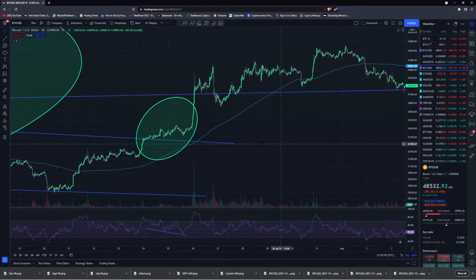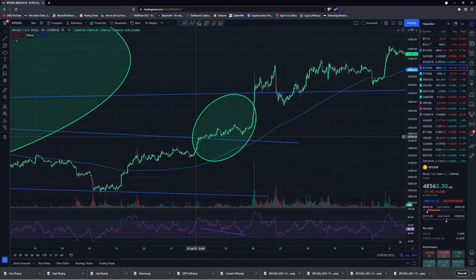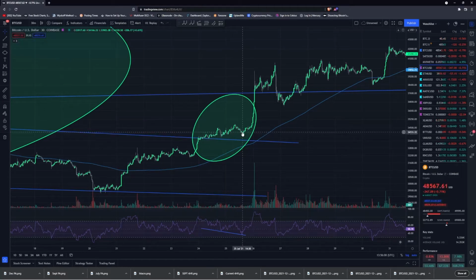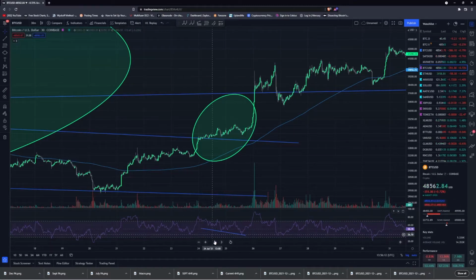On this breakout here, guys, we look down at the RSI. In our price structure, we're getting higher highs and slightly higher lows. But if we look at our RSI, yes, we have bearish divergence or negative divergence on the top, but what's more important is that we're getting this hidden bullish divergence on the lows.